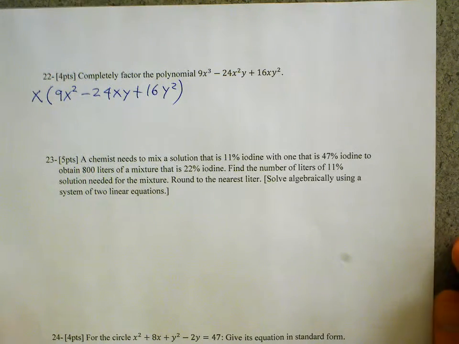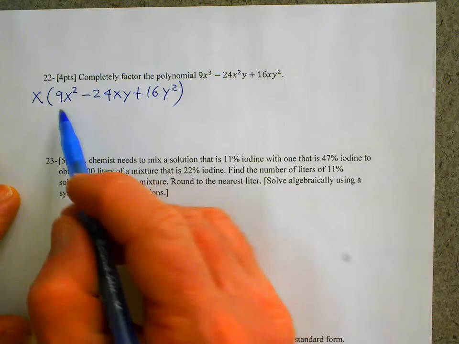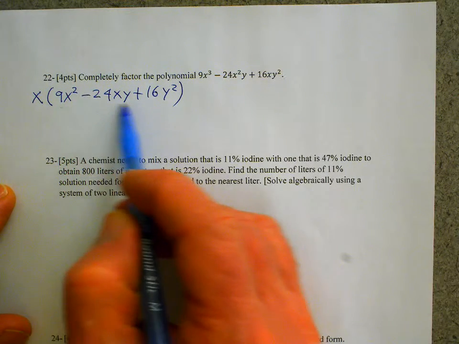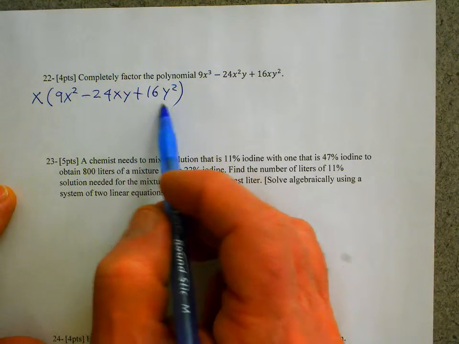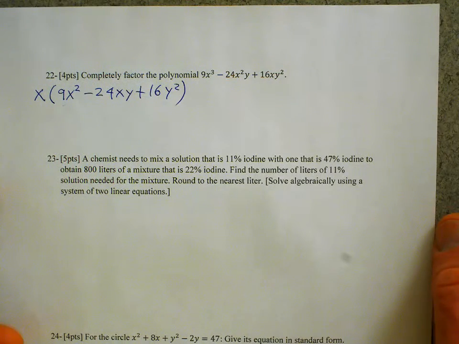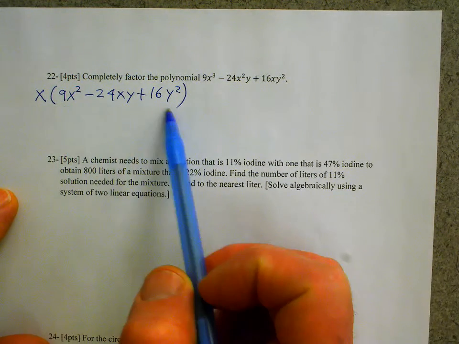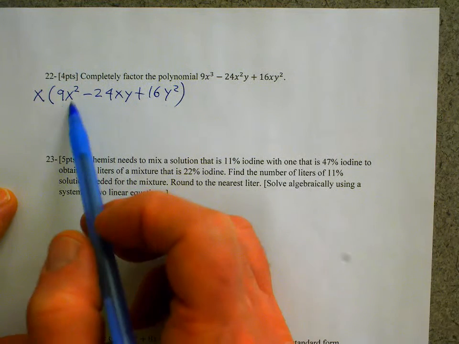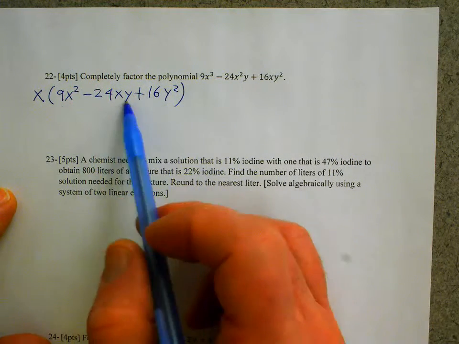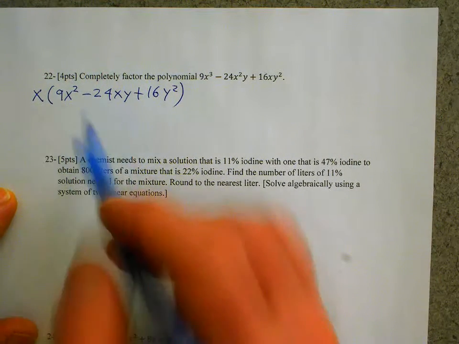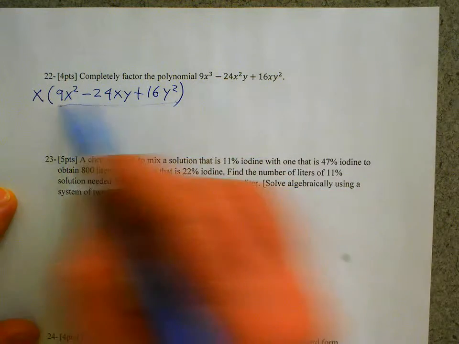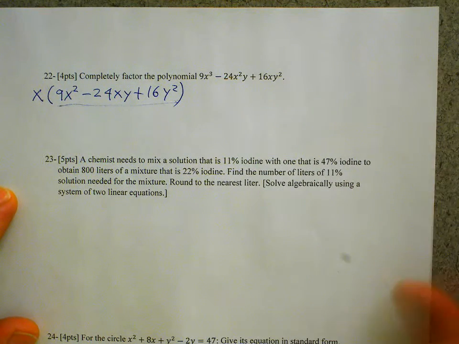We can factor further. 9x squared minus 24xy plus 16y to the second. So this can be factored even though we have more than one variable. This is a trinomial that can be factored.